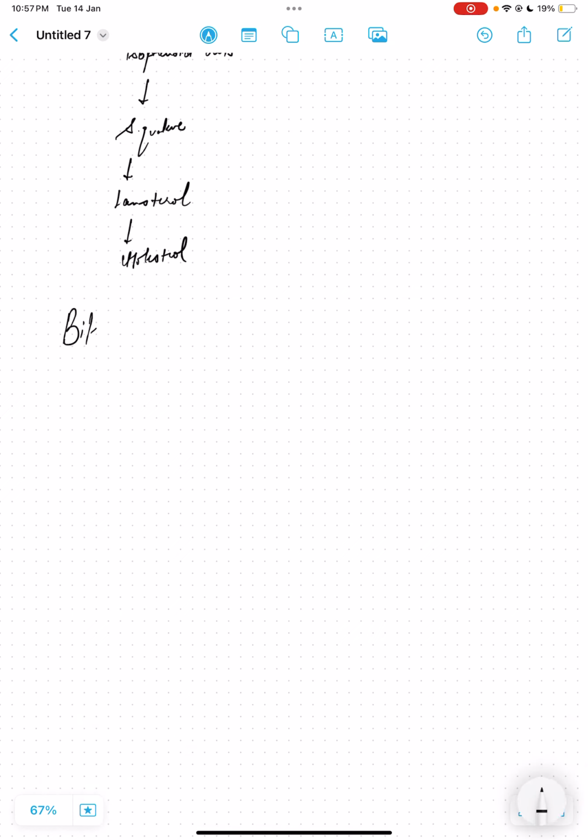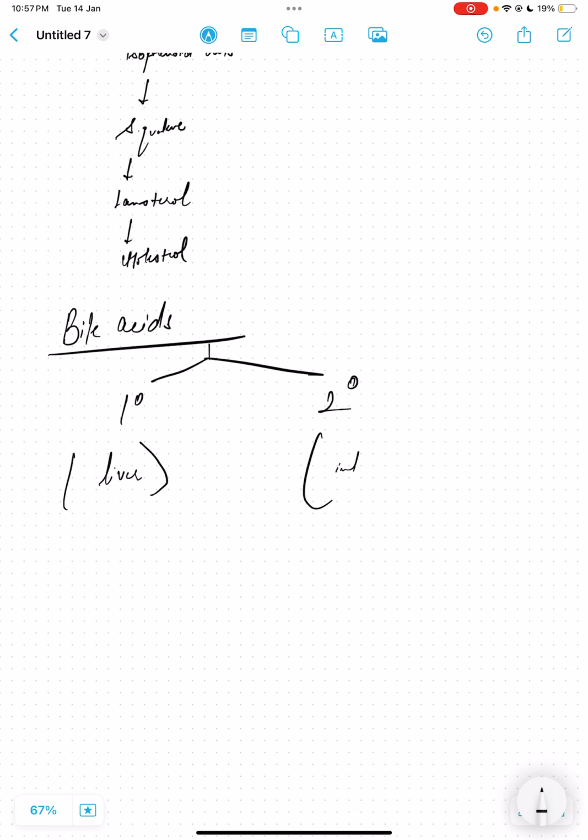Okay, so next is the bile acids. All of us know that we have two types of bile acids, that is primary bile acids and secondary bile acids. Primary bile acids are produced in liver and secondary bile acids are produced in intestine.